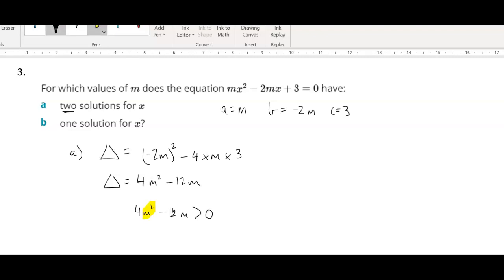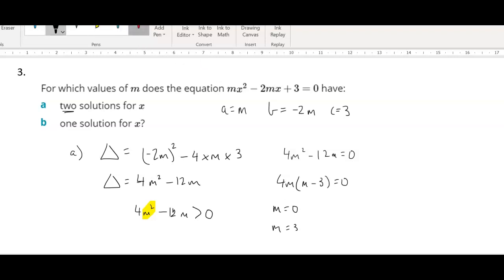All right, so let's just treat it as 4m squared minus 12m equals 0. So we're going to find our two values of m and then consider it graphically. All right, so I'm going to take 4m out as a common factor, and then I'm left with m minus 3 equals 0. So that means m is equal to 0 or m is equal to 3.